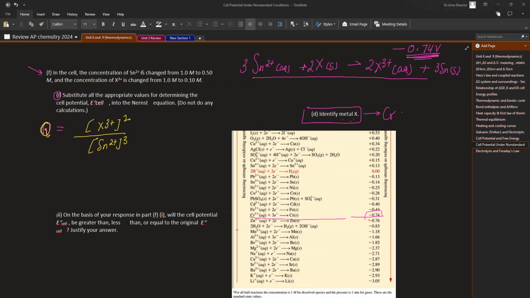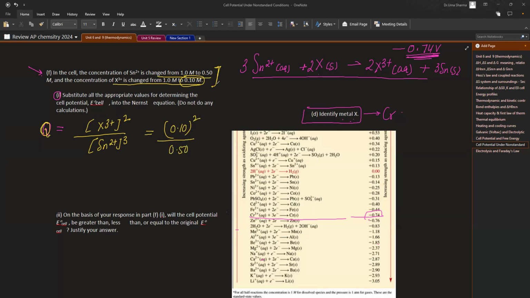Now they have given that the concentration changed from 1 molar to 0.5, and X3+ changed from this to this. Can you calculate Q, children? Plug in these concentrations. X3+ is 0.10 molar raised to power 2, Sn2+ is 0.50.